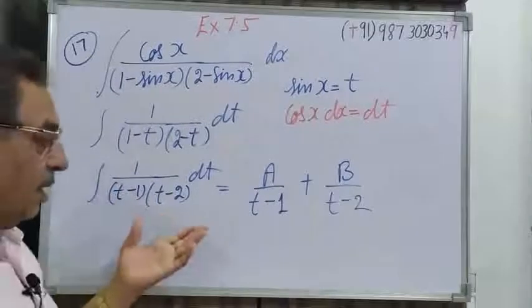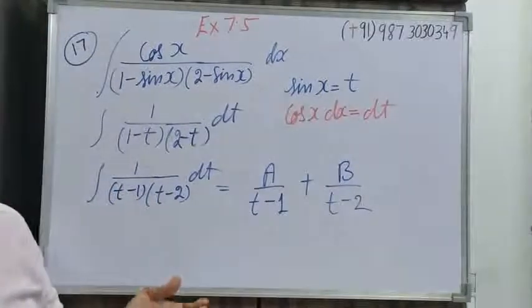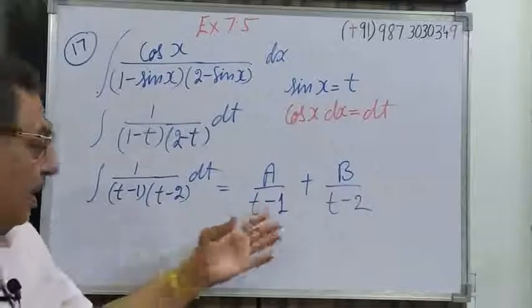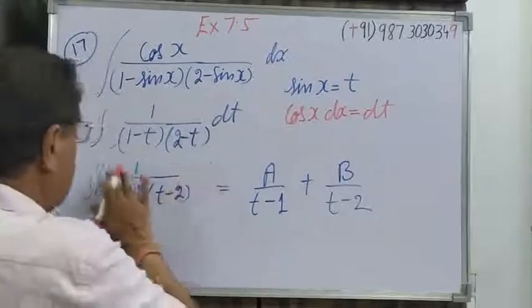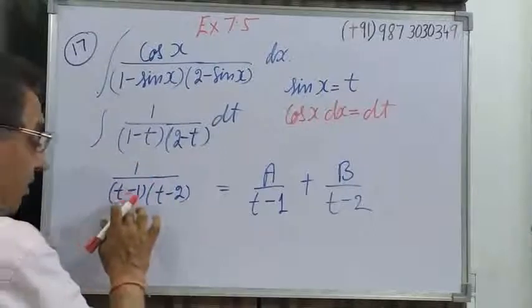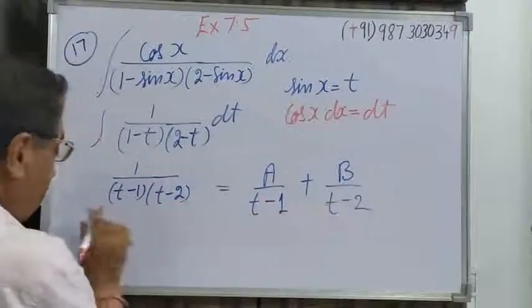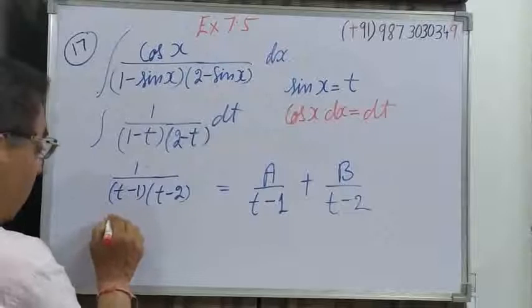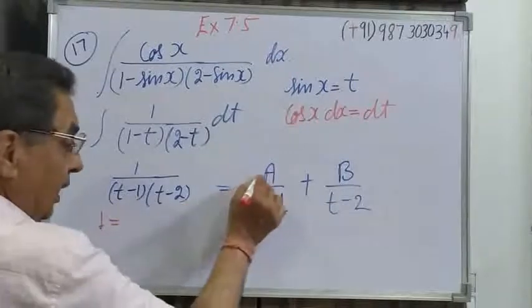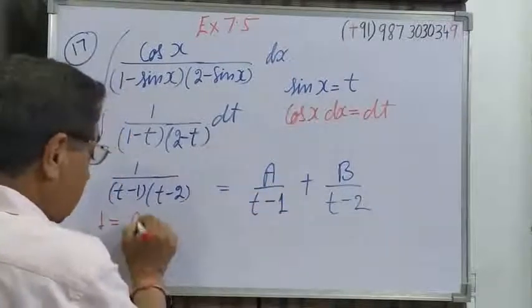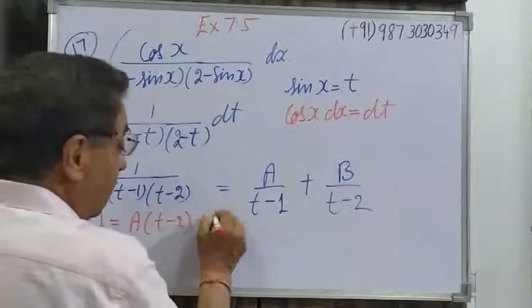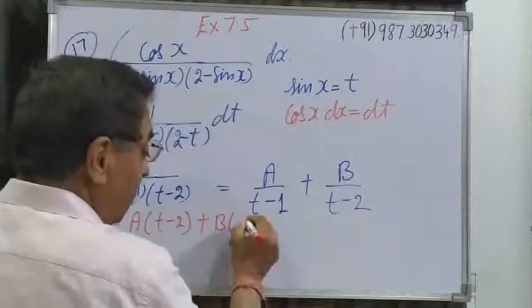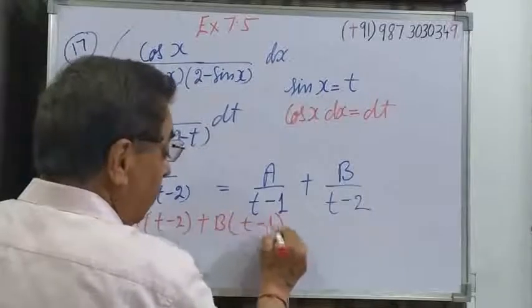Again, as in the methods we have already done, we will find the values of A and B. So multiply both sides by (t - 1)(t - 2). So I get 1 = A(t - 2) + B(t - 1), as the (t - 1) gets cancelled.